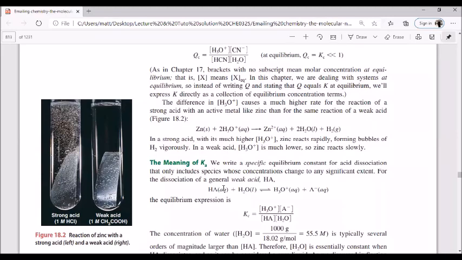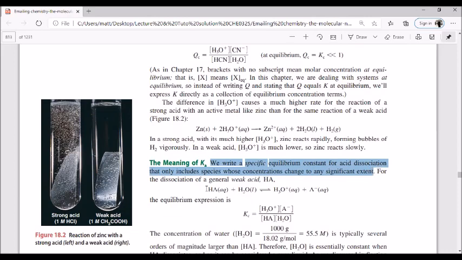Basically for a weak acid, because for a strong acid Kc is extremely large, the discussion of Kc is more on the weak acid. We can write the specific equilibrium constant for acid dissociation that only includes species whose concentration changes to any significant extent.